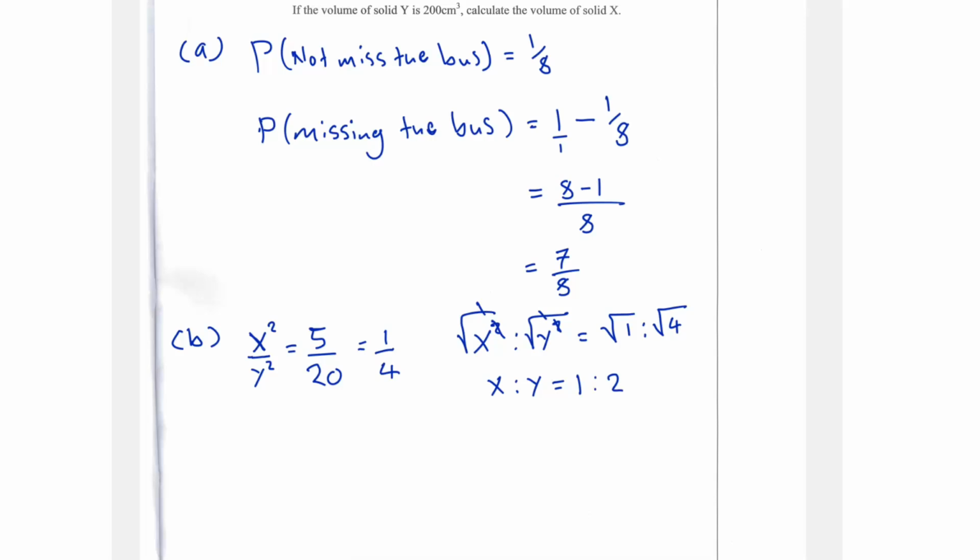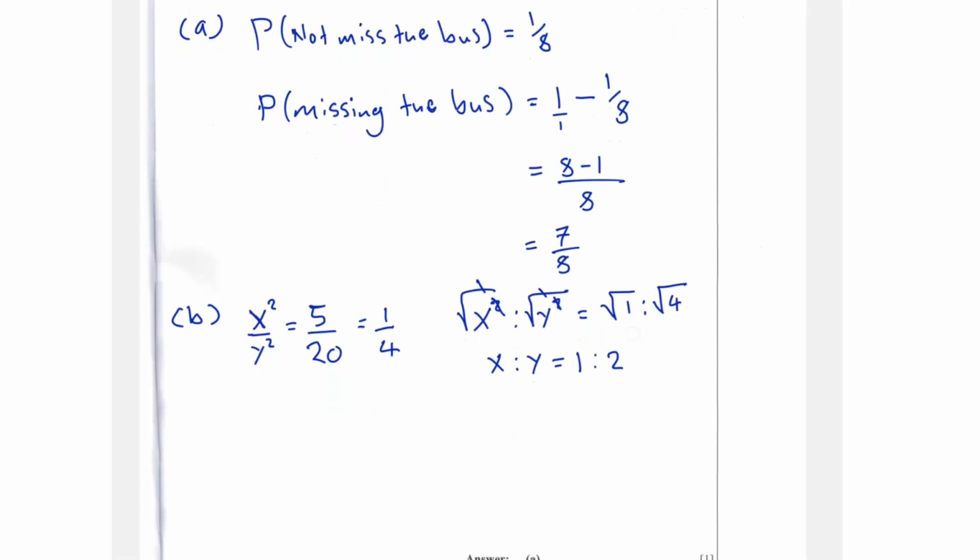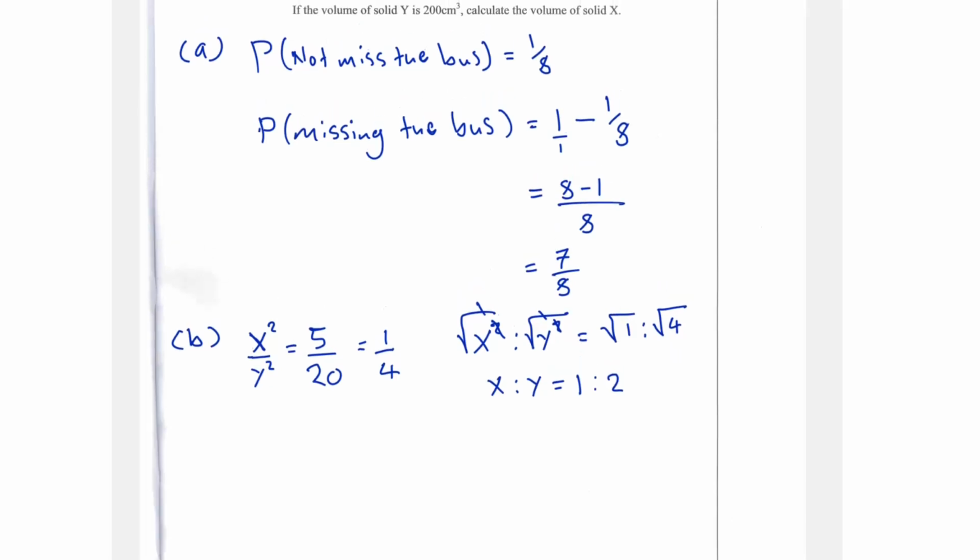We can find the ratio of their volumes. In order to find the ratio of their volumes, we have to put these ratios to the power 3.